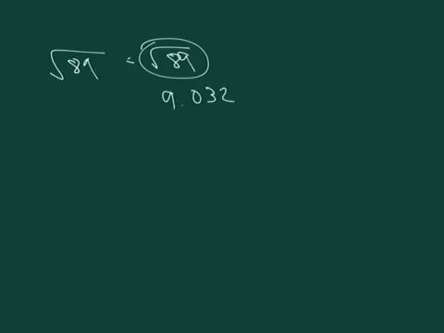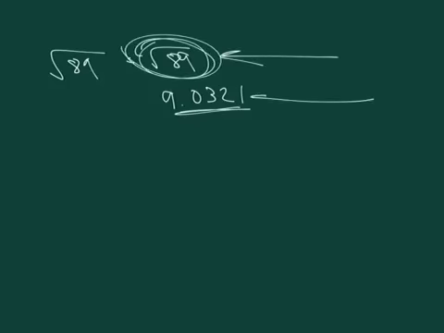Now, when you're doing this math, and if you end up with an answer like the square root of 89, that's the answer I want you to put down. I don't want you to put it in your calculator and get 9.0321. I mean, I don't want that kind of an answer. I want it left in radical form, because radical form is more exact than this.